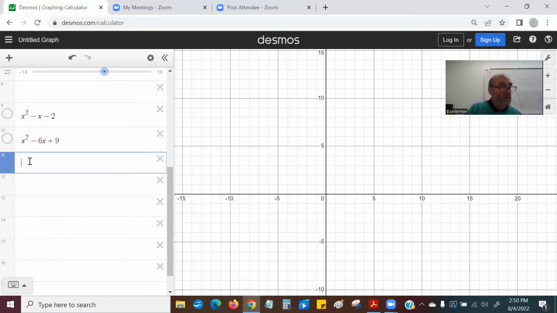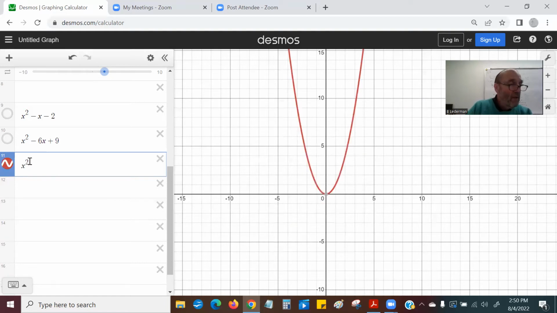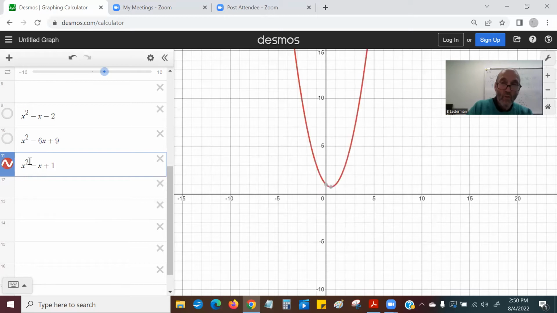And the other possibility we had was the last problem, x squared minus x plus 1. This is one where it was a negative number inside the radical. And if you notice, it misses the x-axis completely. It never touches the x-axis.